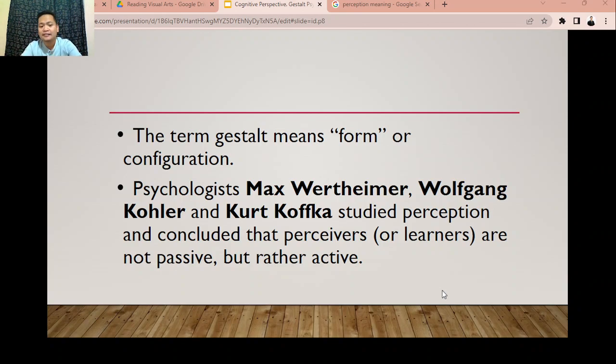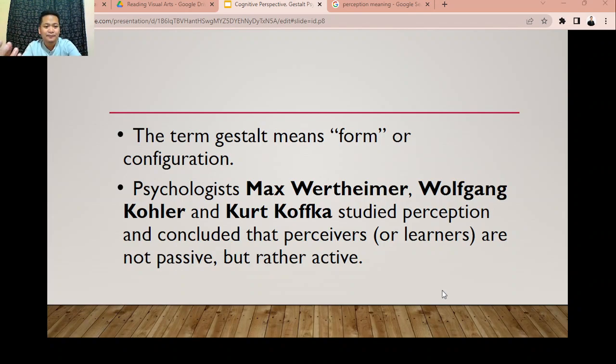From the word itself, perceive. When you perceive, you actually make use of what? Your senses. So the information about a certain object, for example, is perceived by our senses.